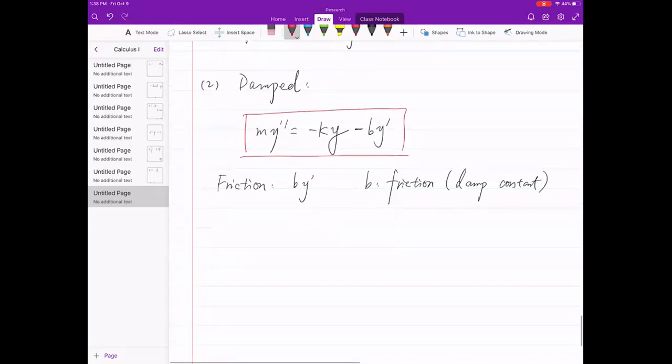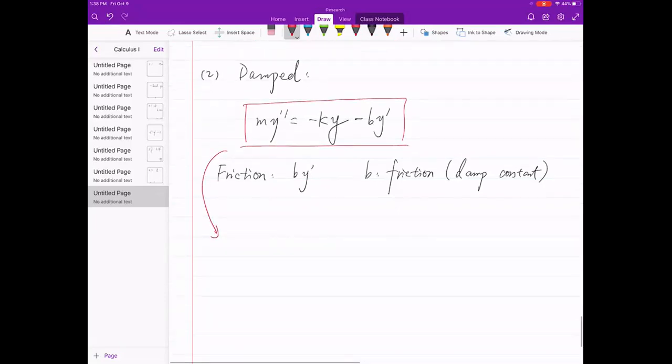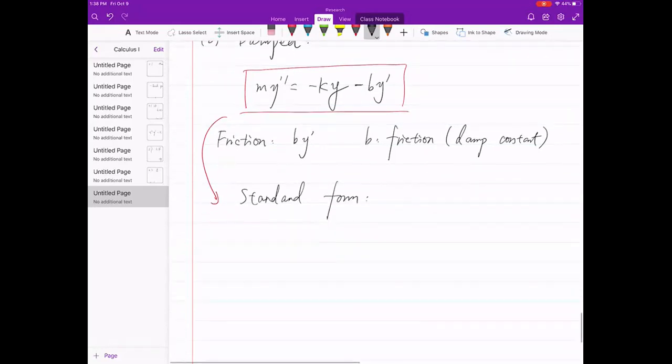Okay. Of course, since we have many terms, usually when people do that, they put it into the standard form, which simply just moves everything to one side. So we all have plus. And second, you have a nice order of things: y'', y', and y.